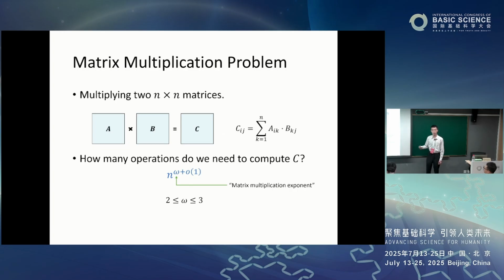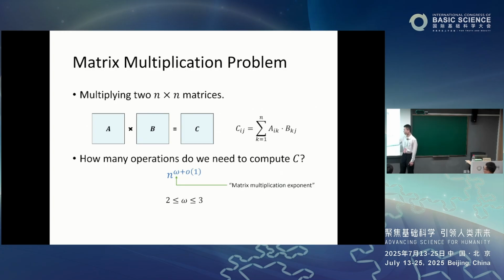But the question we are asking is the optimal number of arithmetic operations that we need to calculate this product. The answer to this question is still denoted by a single real number omega, which is called the matrix multiplication exponent. It means that we need n to the omega time to calculate this product.